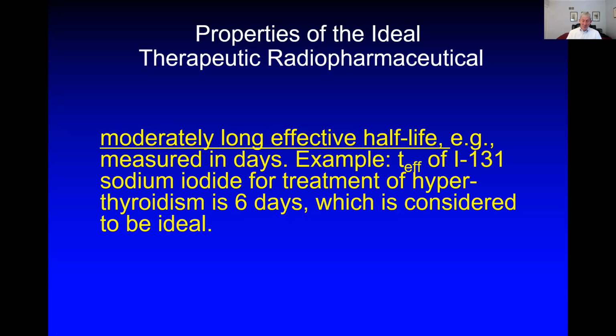At that point in time, a significant part of the radiation dose has been conferred onto the patient. So we don't want the patient cured in 1 day. The patient might want it, but we don't, because that is an acute, large radiation dose, and it can cause damage to DNA that does not even occur when the T effective is moderately long. So we want that dose stretched out over many days so that we don't confer too big an acute dose and harm the patient.